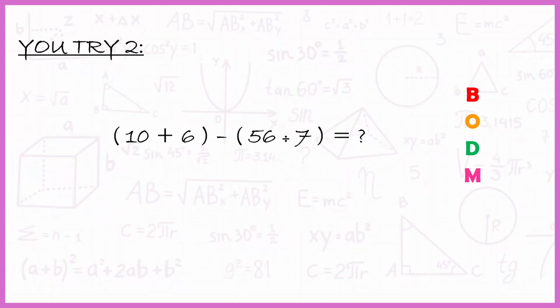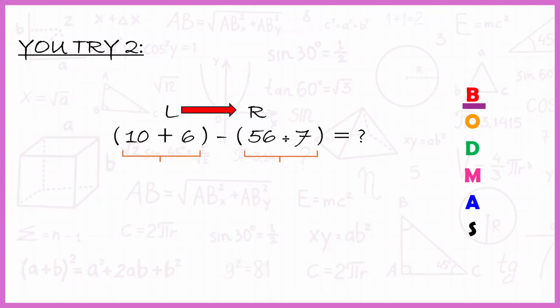So we're going to write the BODMAS acronym down the side, and we're going to see, do we have a pair of brackets? Yes, we have two pairs of brackets, which are the 10 plus 6 and the 56 divided by 7. So we're going to solve them from left to right. So 10 plus 6 is 16 and 56 divided by 7 is 8.